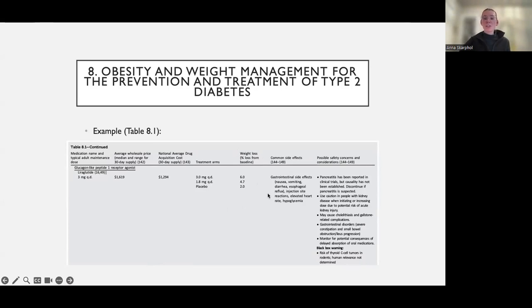So this is a really great resource for pharmacy if your patients are maybe on a medication and experiencing side effects, or what have you. You can go and look at this table and see like, yeah, that is a common side effect, but this other medication maybe doesn't have that side effect. Or maybe cost is an issue, and so you need to find a cheaper medication for someone to make a recommendation. Whatever, this really is a nice table with lots of information that's very relevant for us.